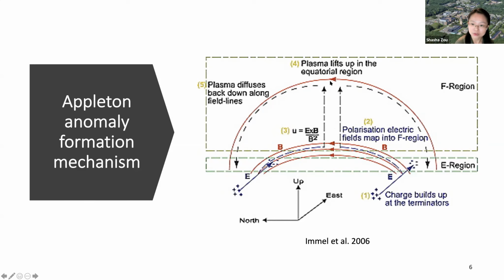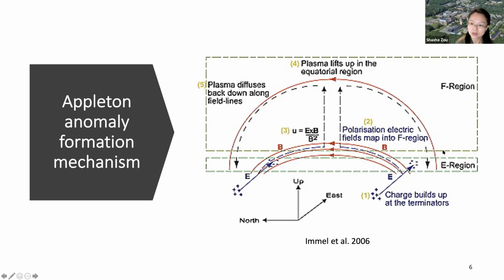Once the plasma moves to higher altitudes, it will start to diffuse backward down due to the gravitational pull, right? And the pressure gradient force. So you start to see there is a circulation, right? The equatorial plasma moves to higher altitudes and then descends to higher latitudes, but lower altitudes.